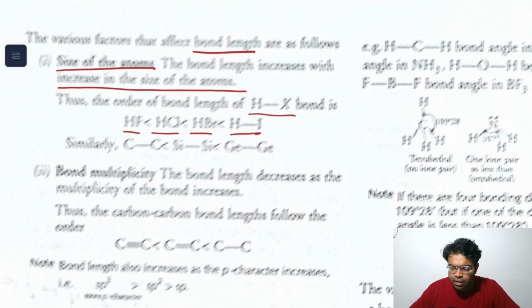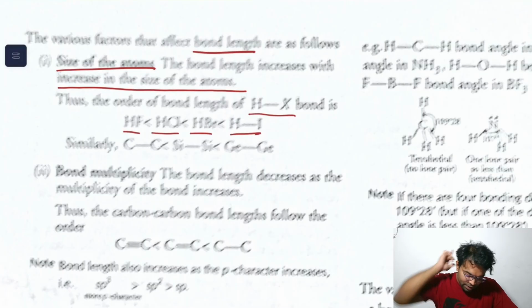See, basically, the fatter the atom is, the more distance there will be between the two nuclei of the atom, right? If a huge ball and a small ball are kept next to each other, the distance between the two centers of the two spheres will increase because the size is increasing, right?